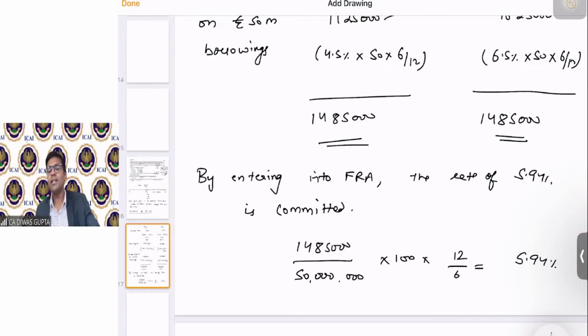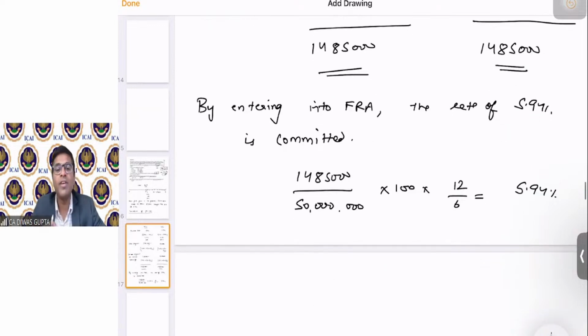So the question is, in question number 1, our effective rate of interest was not coming as equal to the FRA rate. But in question number 2, exactly it is coming out to the same FRA rate. The question is why? Should I say, or anyone have some thoughts here?